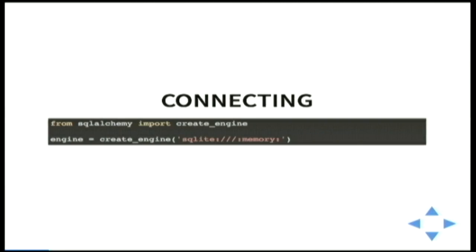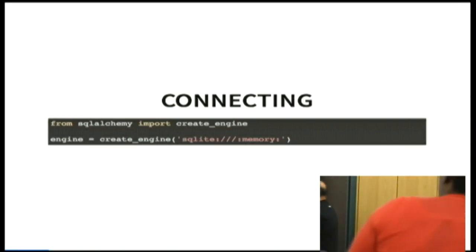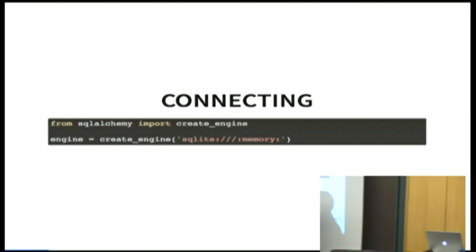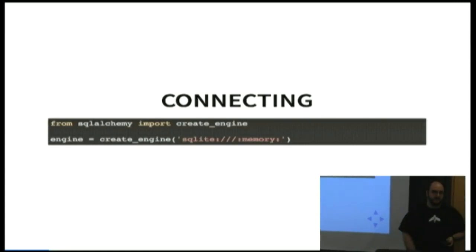To start off, the first thing we need to do is create an engine, and an engine basically defines the database tool that we're going to use to connect. So in the Python world, we call that a DB API, but it's basically the way that we're going to go talk to the database, and then it defines where that database is. So if we look at the create engine here, we're basically telling it we're going to use the SQLite built-in database API, and we're going to talk to an in-memory SQLite database.